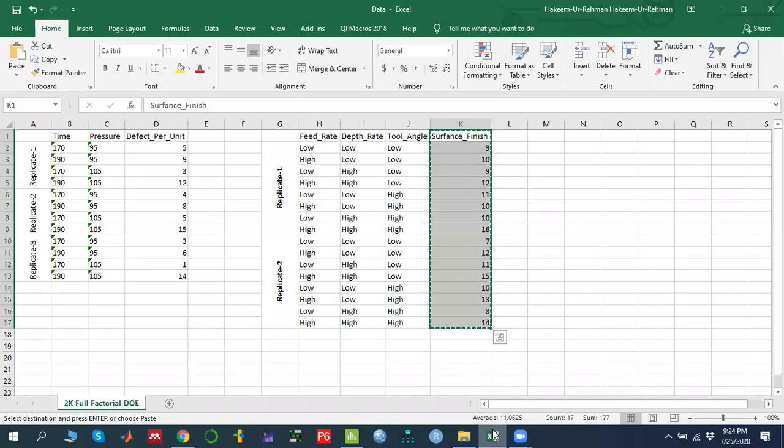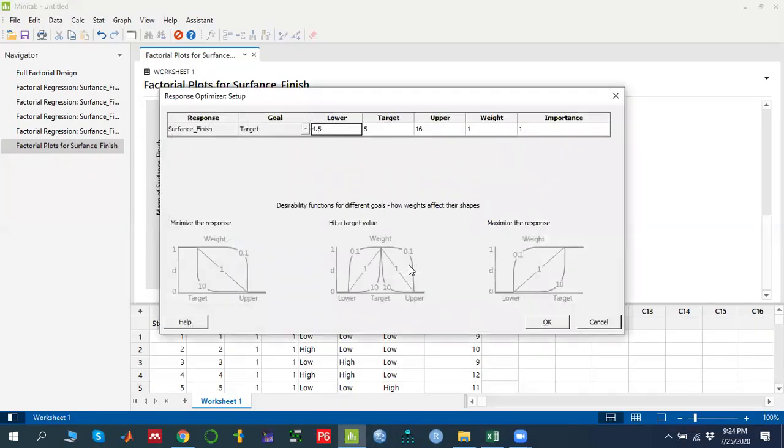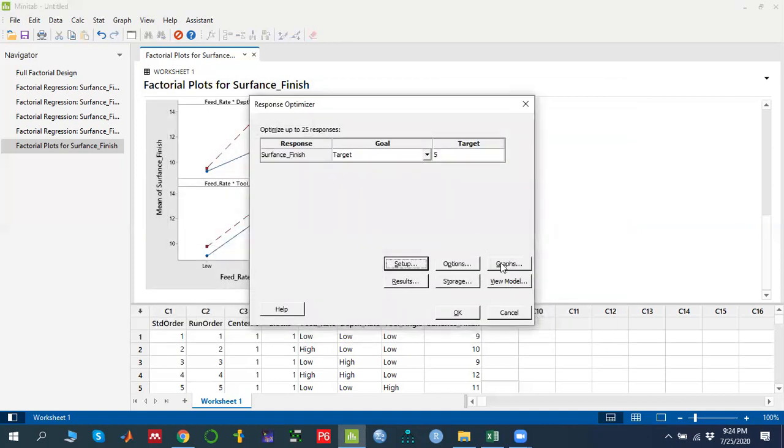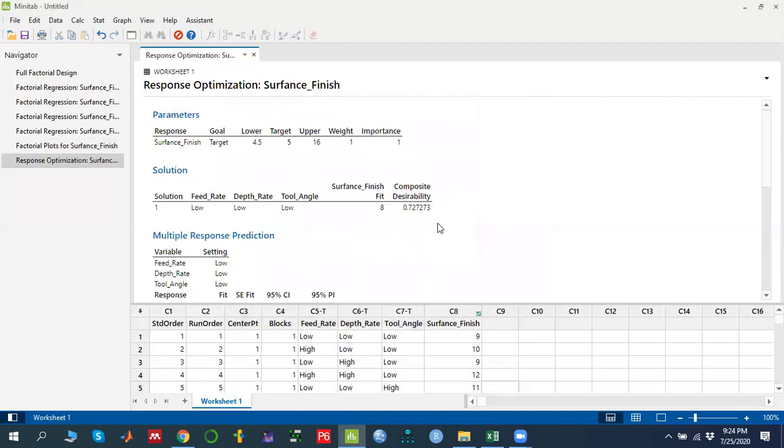Just as an example, my surface finish must be 5. Then we can do the setup. This is the weightage they have given us, and in the end we have the graph, and all remaining things are okay. So just press okay.